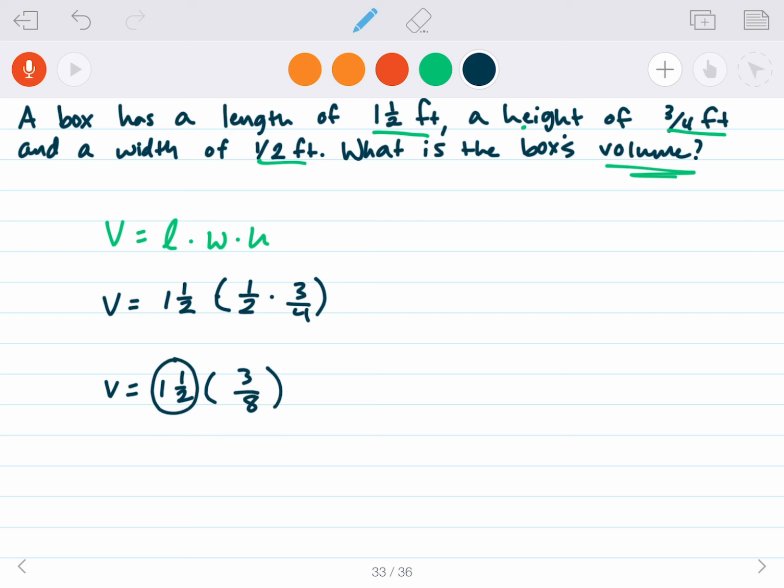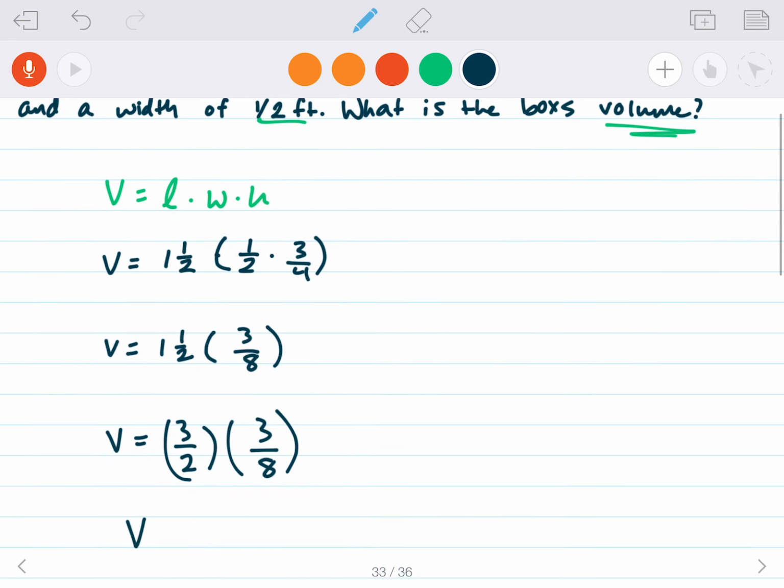Now 1.5 I can change to an improper fraction. I can just multiply 1 times 2 and add 1 to get 3/2 as my equivalent improper fraction. So then again, multiplying straight across, I get that the volume is 3 times 3 is 9, 2 times 8 is 16, and my volume is going to be in feet cubed.